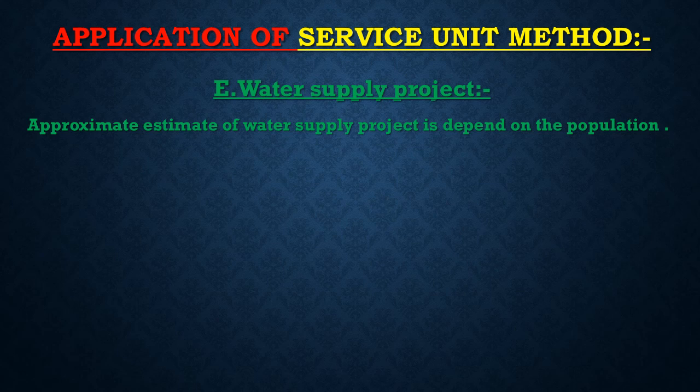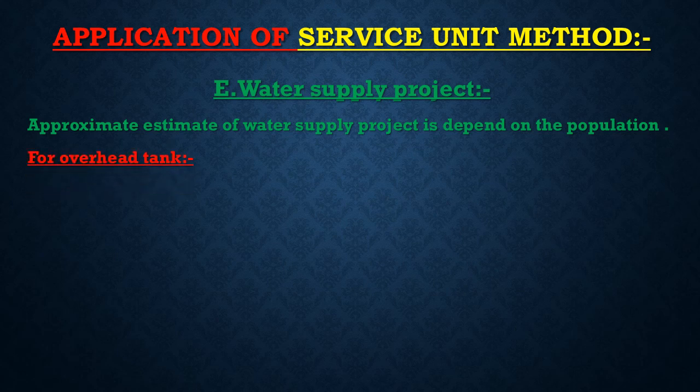Sometimes approximate estimate for this project is also prepared on the basis of area covered, that is per hectare basis. For this, situation or location, configuration, rainfall, population, existing water supply, existing drainage system, necessity of scheme, etc. data are required.